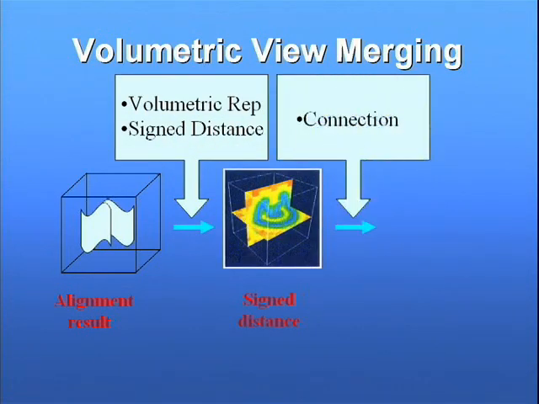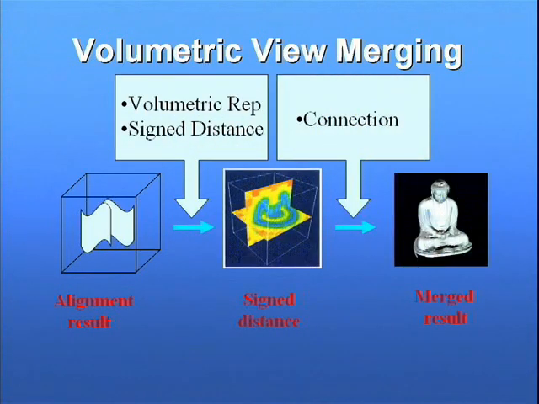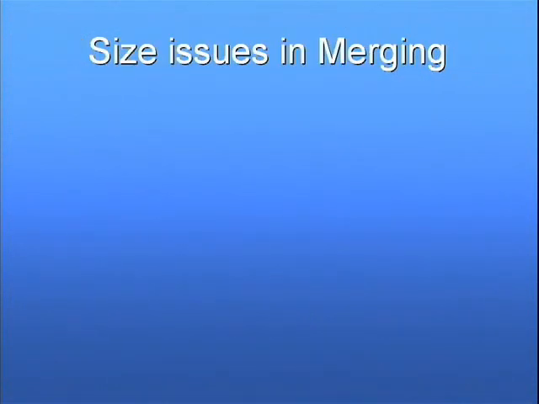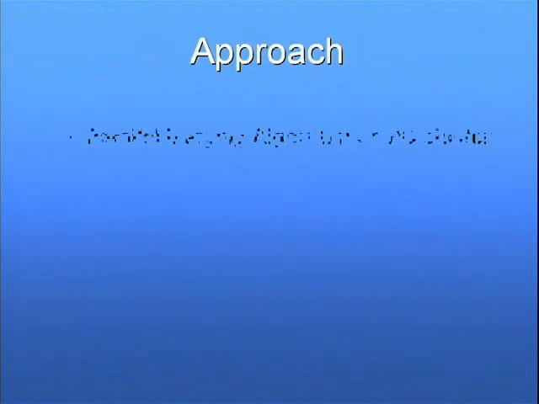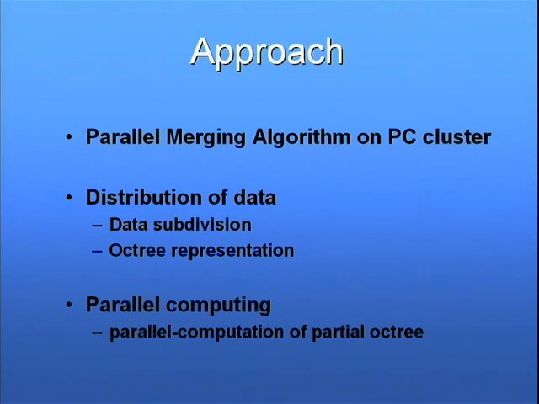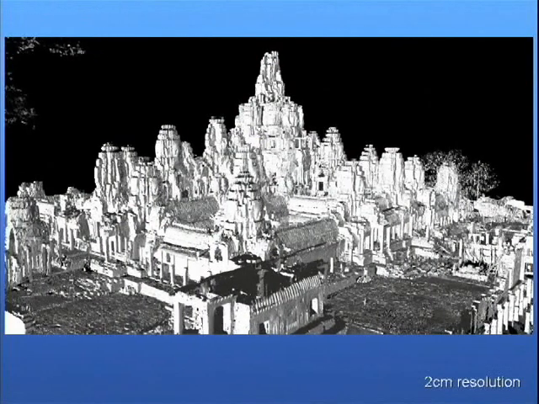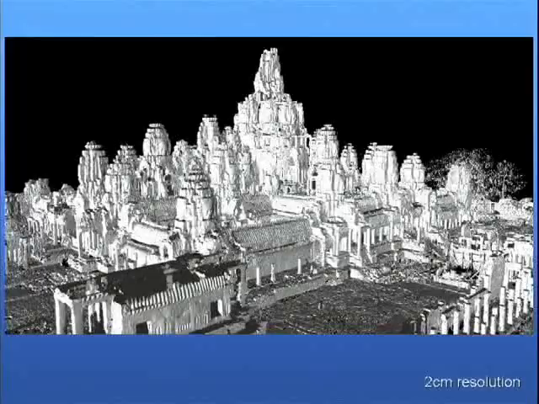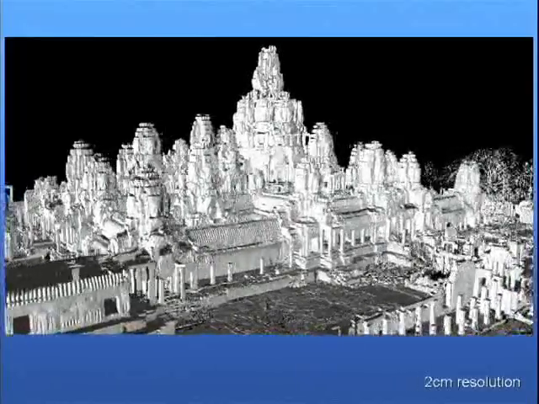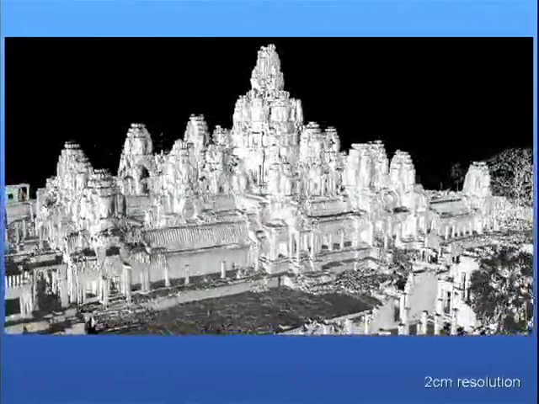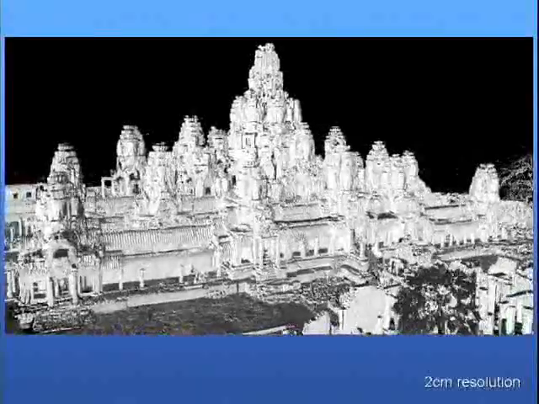And again, if we do this directly, overflow occurs, so we run it on parallel computers. I'll skip this component. And this is the result which we obtain: the 150 meter by 150 meter by 45 meter Bayon temple is represented in 2 centimeter resolution.